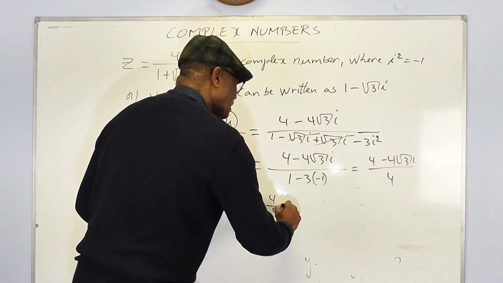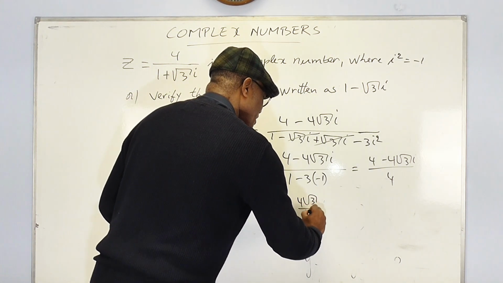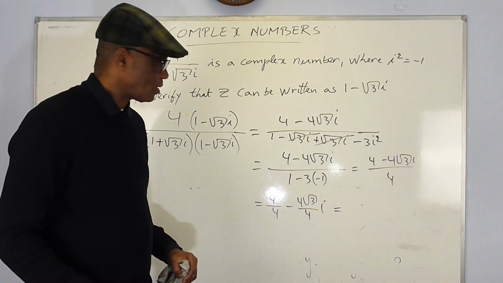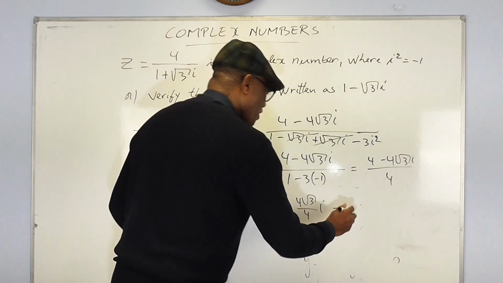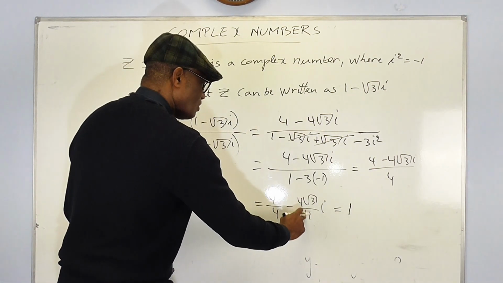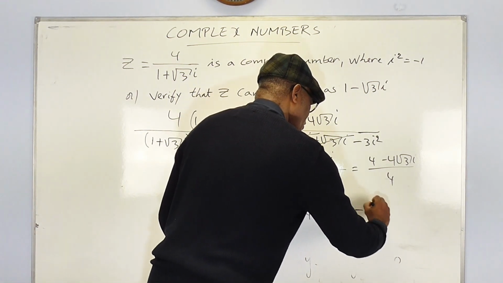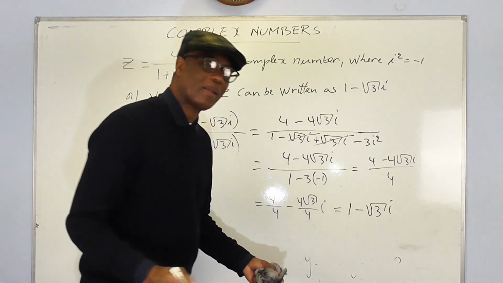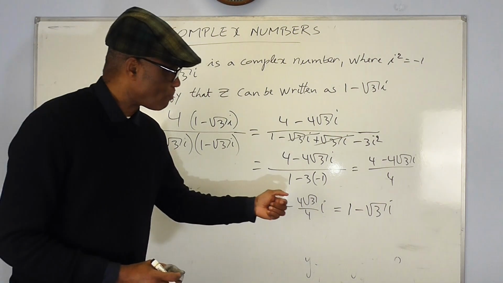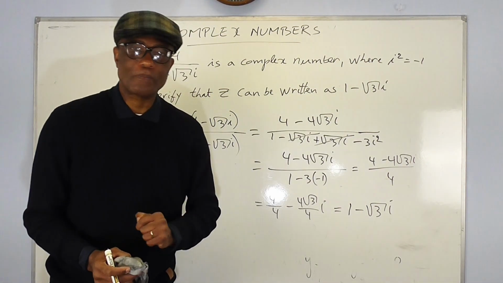So I can write 4 times 1 minus square root of 3 i over 4. So 4 divided by 4 is 1, and here dividing by 4, I get minus square root of 3 i. And finished. So this is the first part. We finished our first part.